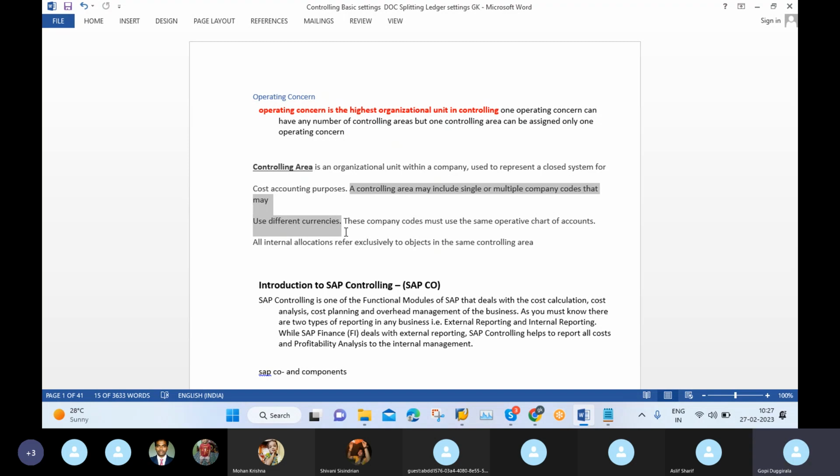For example, I have 3 company codes: A company code, B company code, and C company code. A company code currency is INR, B company code currency is USD, and C company code currency is pound. So one controlling area I can use for these 3 company codes. We cannot consider currencies. The thing is, controlling area is the main thing, and that controlling area we maintain at company level, not at company code level. Under one company we have n number of company codes.